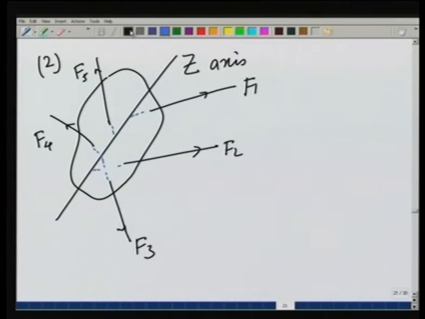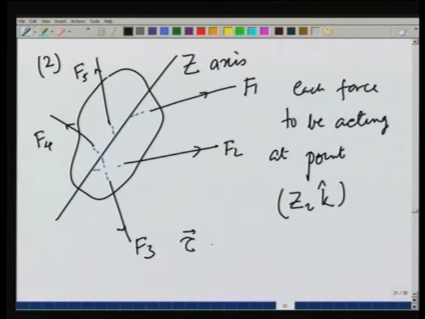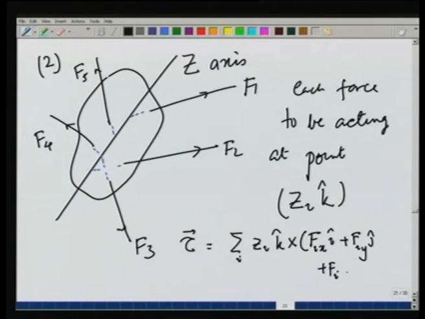In such a case, by the transmissibility of the force vector, I can take each force to be acting at a point, say z_i k, that is at a distance z_i in the z direction, and therefore, the torque by the forces is going to be summation z_i k cross (f_i x component in i plus f_i y component in j plus f_i z component in k).